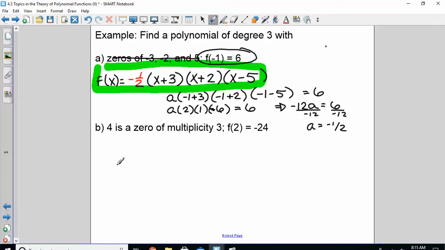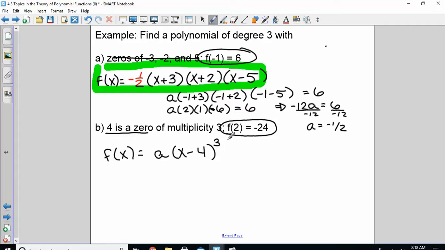I'd like for you guys to try B. What does a multiplicity mean? So since 4 is a 0, you always do x minus your 0. A multiplicity just tells you your exponent, so multiplicity of 3 means it's cubed, so there's all 3 of my zeros. Now my extra requirement: F of 2 equals negative 24. So there could be a coefficient out here.